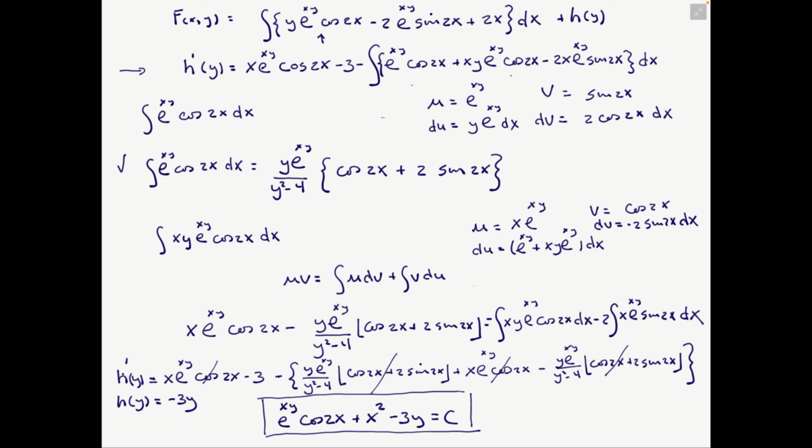You're going to have to go through the individual steps yourself. I've kind of led you through the approach where you take integration by parts. You look at each integral for f of xy and h prime of y, and you see you've got 6 integrals to solve.